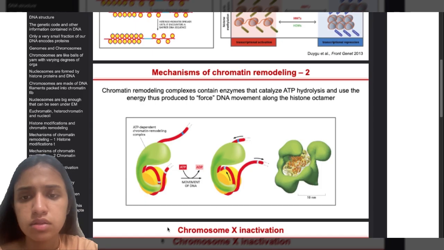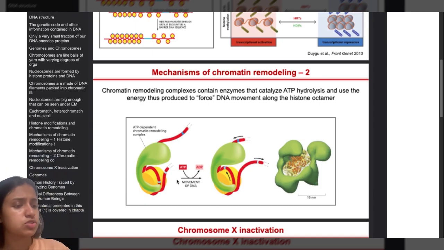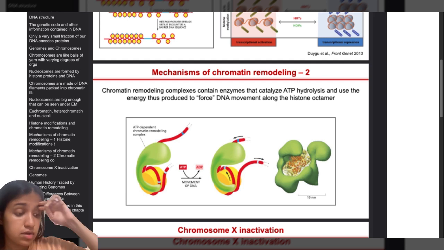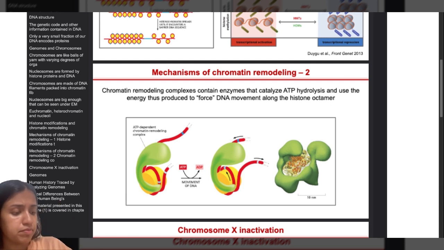So the remodeling complex has enzymes breaking down ATP to ADP to get energy to move DNA along the histone octamer.